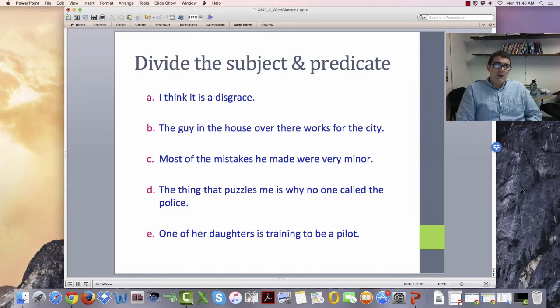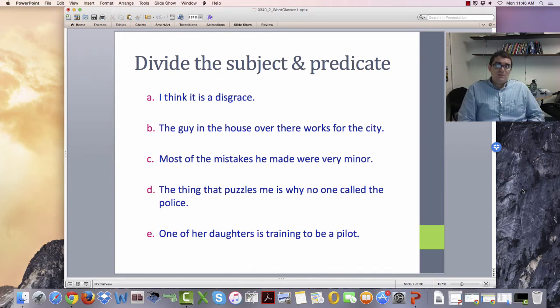In B, the guy in the house over there works for the city. Remember what I said about pronouns and subjects. All of that in the sentence that can be replaced by a pronoun is the subject of the sentence. So he works for the city. He is the subject, works for the city is the predicate.